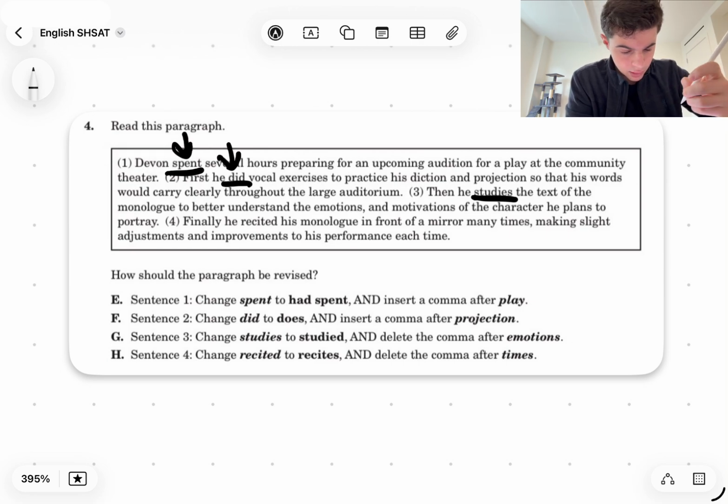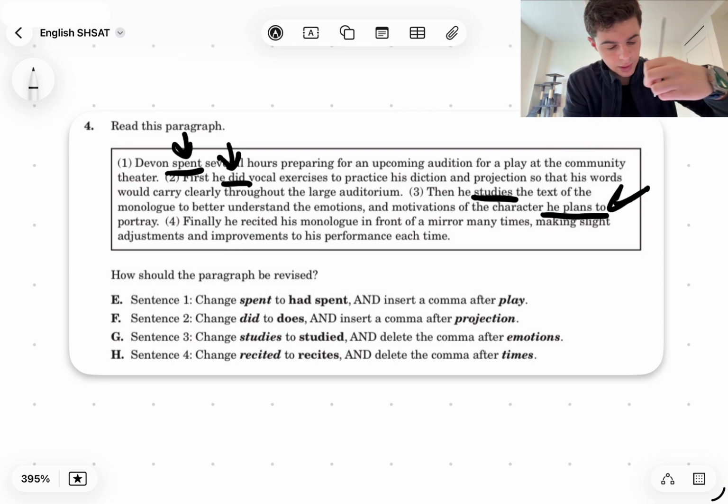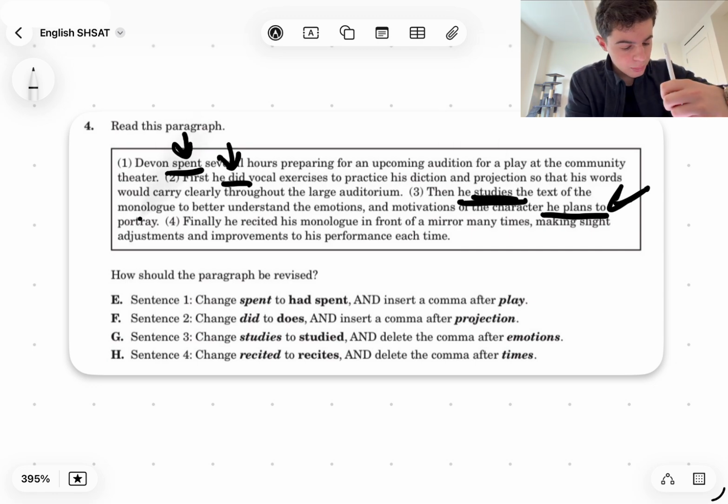And then let's see, this is he plans, but this makes sense here, right? Because he studied the text in order to better understand the emotions, they're setting up a precedent. He's planning on portraying this. This doesn't go against the fact that this is in the past tense.